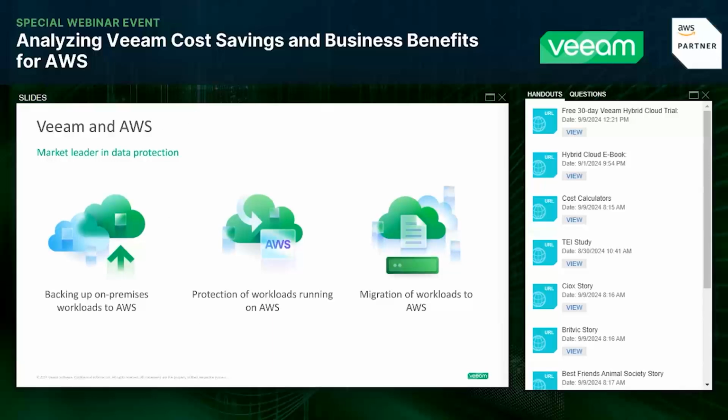Thank you. So backups, as you can see, can be a big cost center, but Veeam and AWS are here to help. We are the market leaders in data resilience and ransomware recovery. So whether you are backing up on-premises workloads to AWS, protecting workloads within AWS, or migrating workloads to AWS, we have you covered.